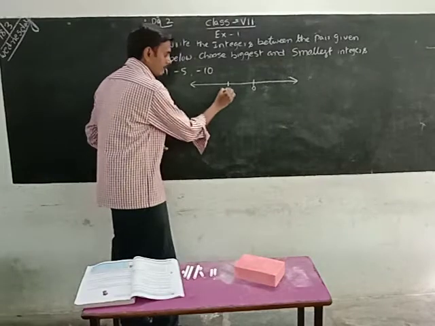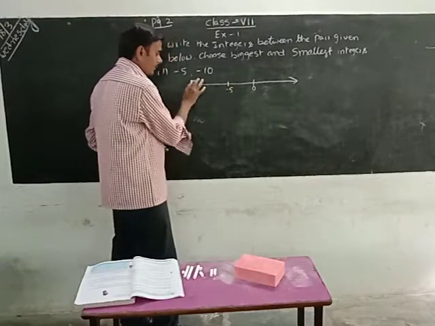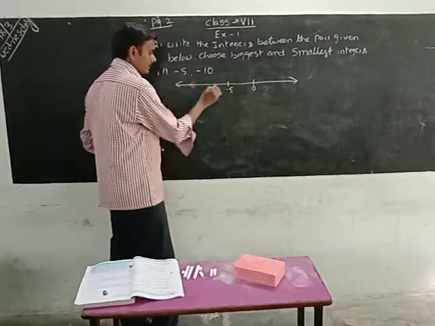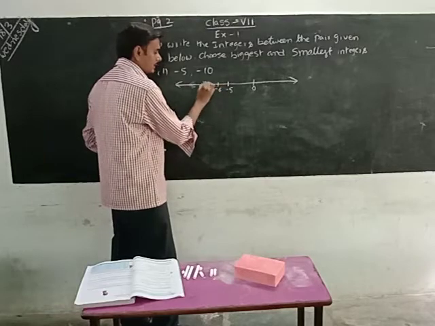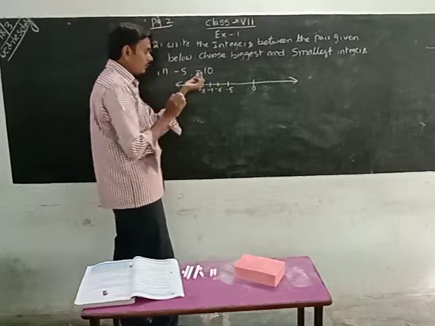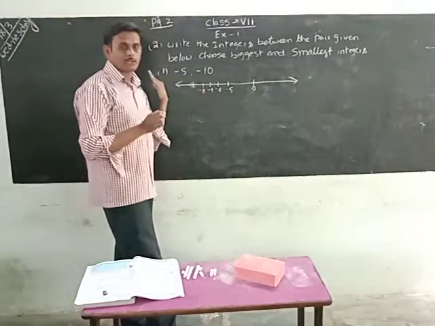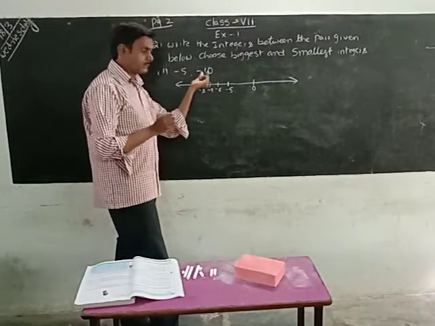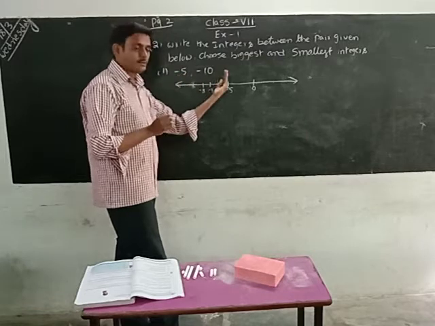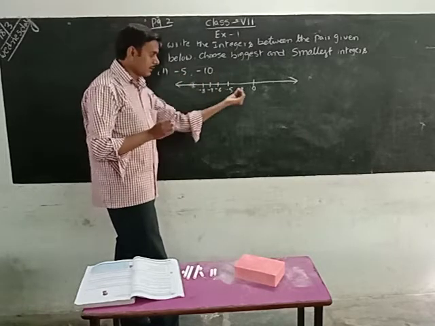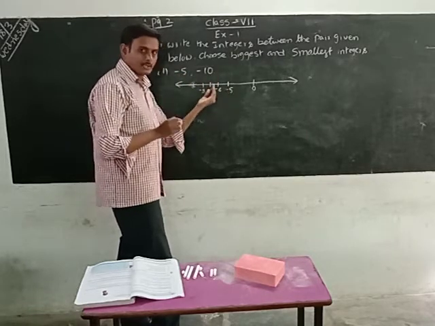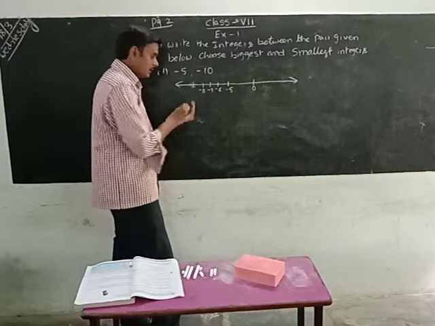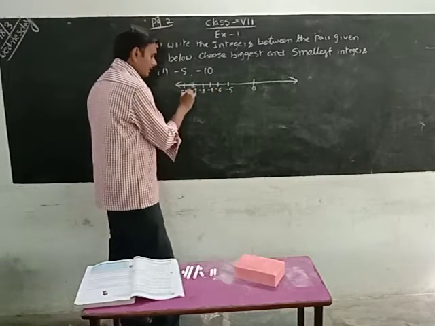At one place we write -5, and after that up to -10: -6, -7, -8. To reach -10 from -5 we have to travel towards the left side. Later -6, -7, -8, -9, -10.